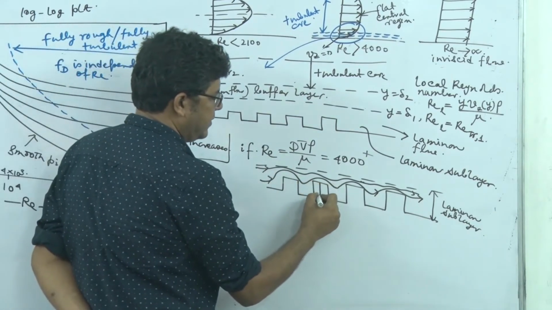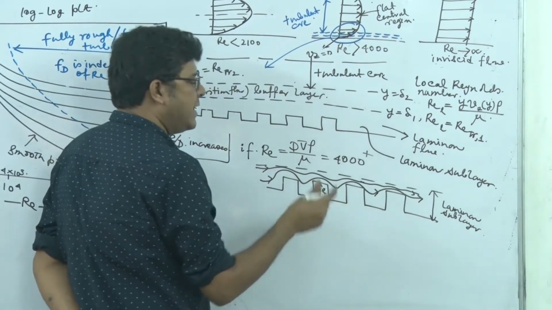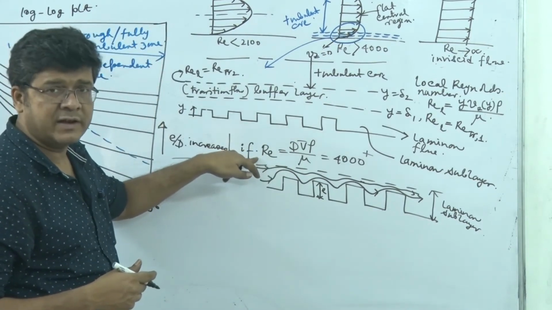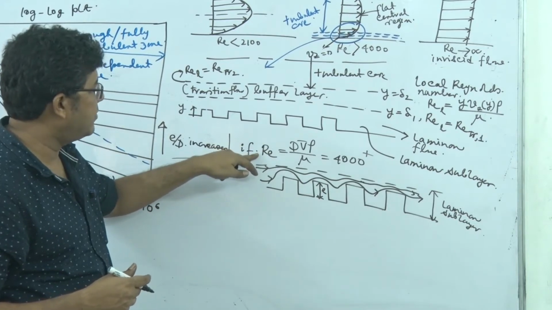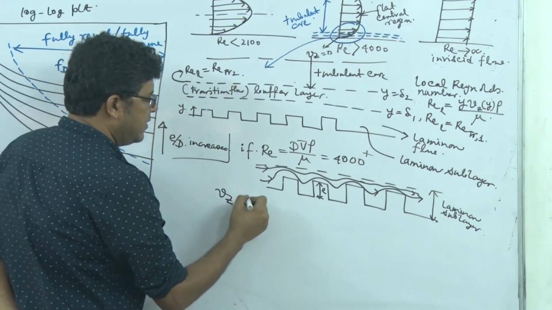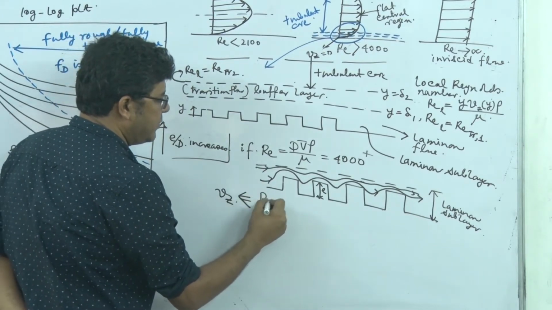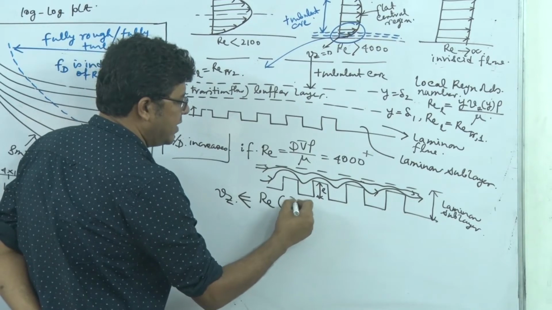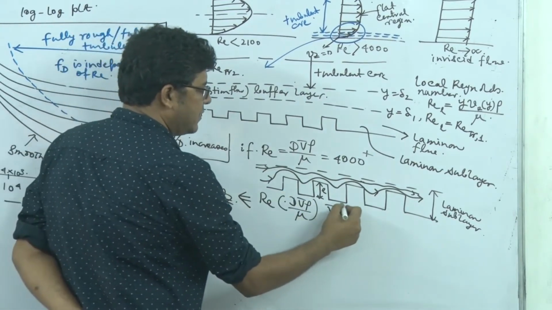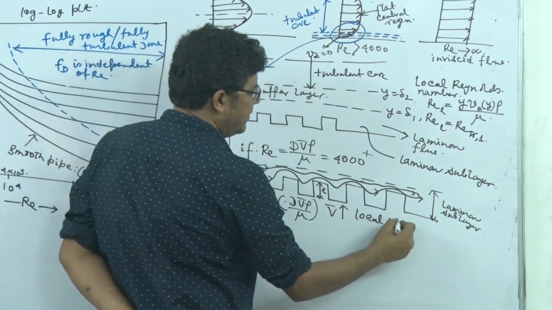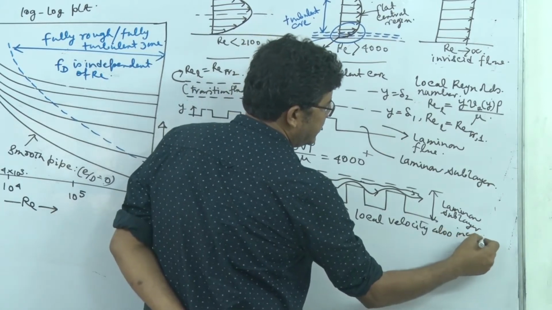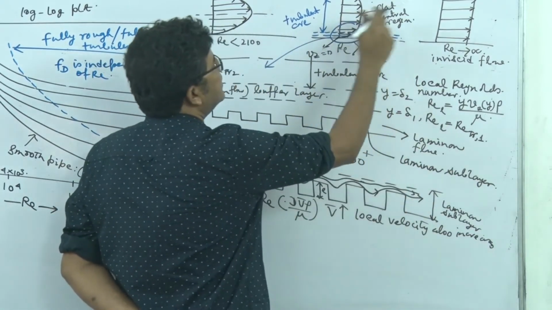It depends on E, and at the same time the local velocity, which will be determined by the Reynolds number. Right? Because local velocity Vz will definitely be influenced by the Reynolds number, because Reynolds number is d V bar rho by mu. As the average velocity increases, local velocity also increases, right? As we have seen here to here.